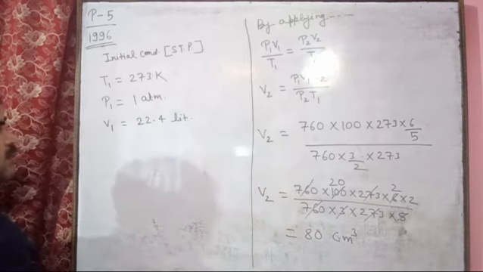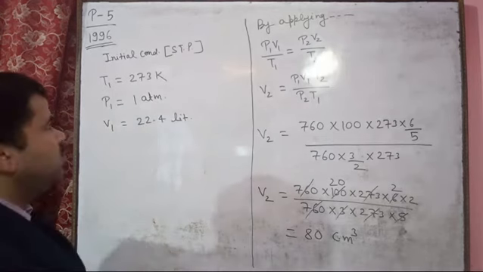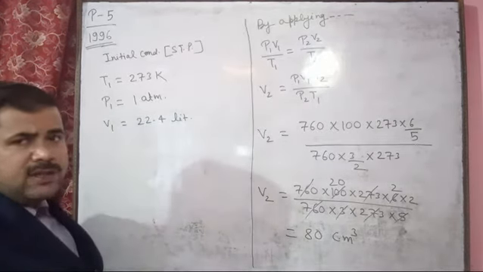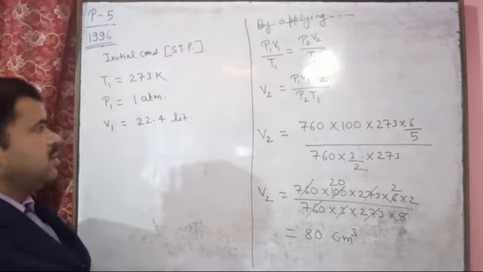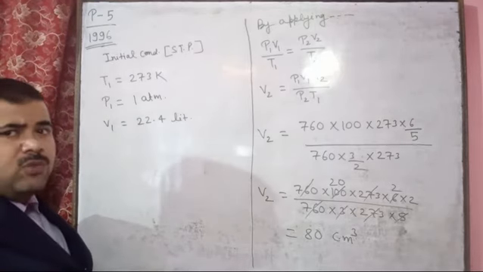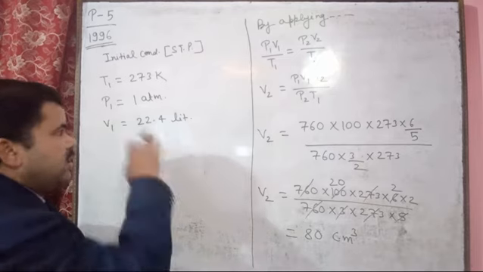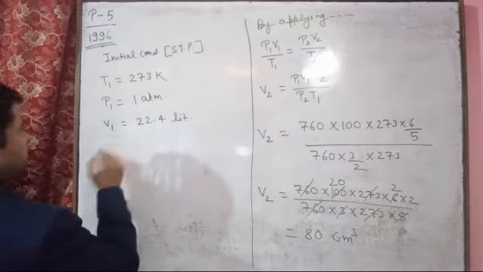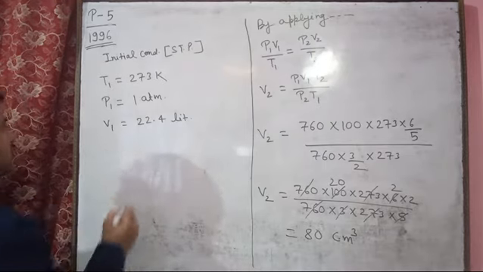If we consider the STP condition, temperature 0 degrees Celsius and pressure 1 atmosphere, then the volume of 1 mole of the gas will be 22.4 liters.